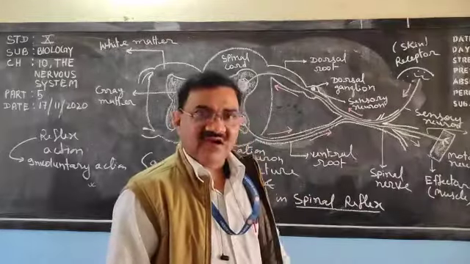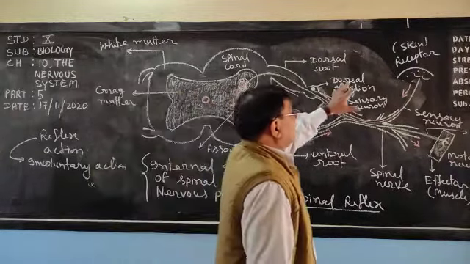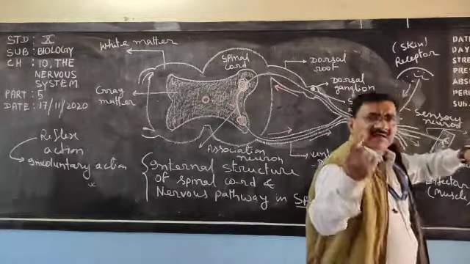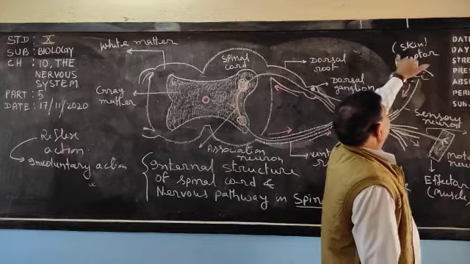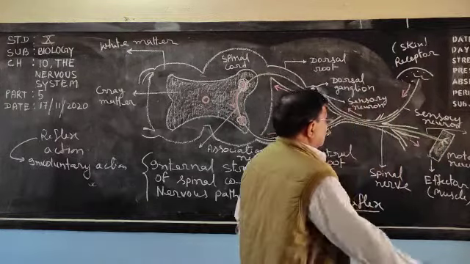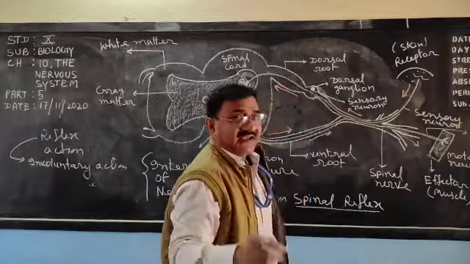So dear children, what is shown in the diagram? Suppose an impulse is received by the skin. This red color shows the pathway.